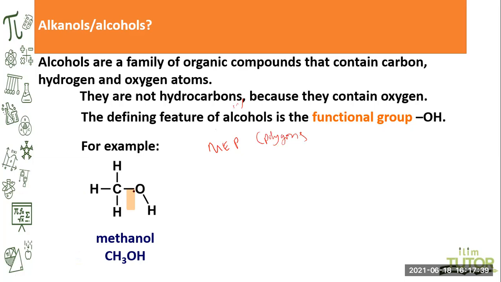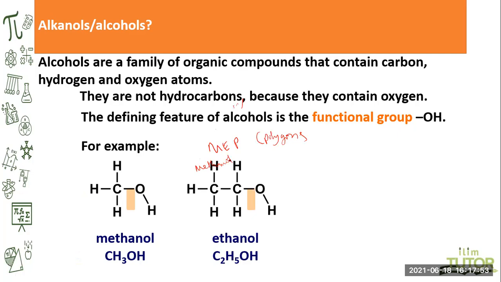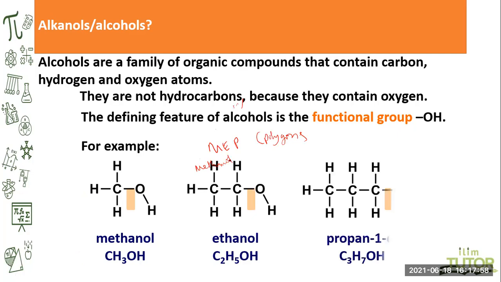Since it's just one carbon that I have, I know it should have the prefix meth, and since the name ends with -ol, that will be methanol. So that is the first member, methanol. The second member, of course, is ethanol, and the third member is propan-1-ol.